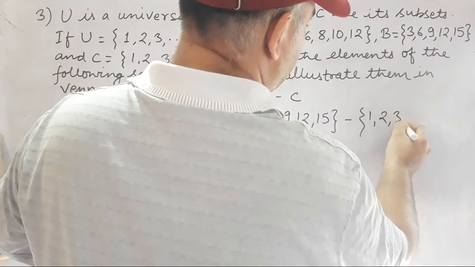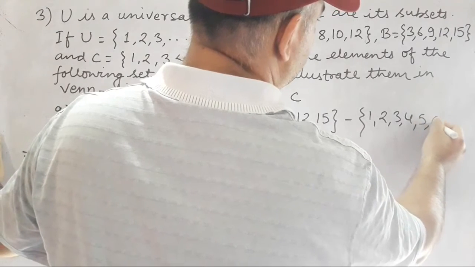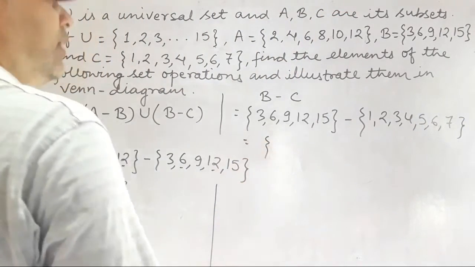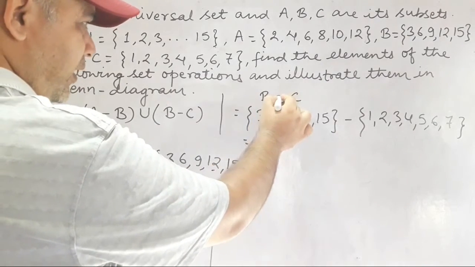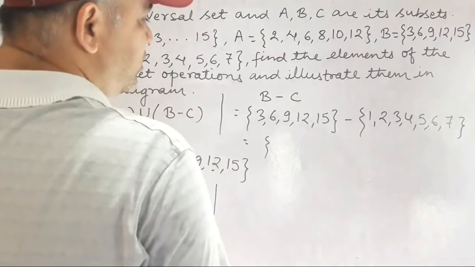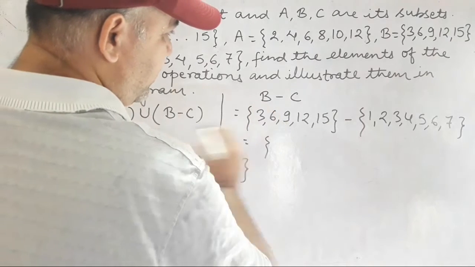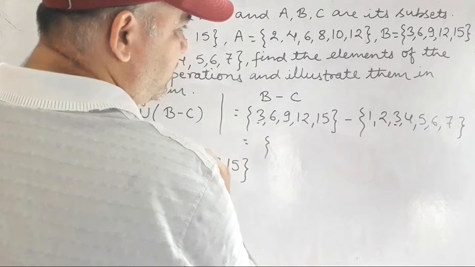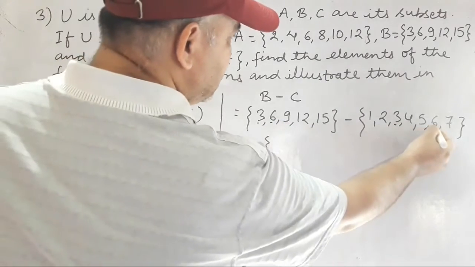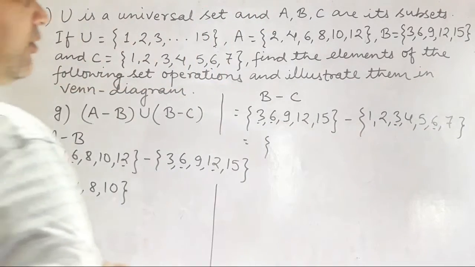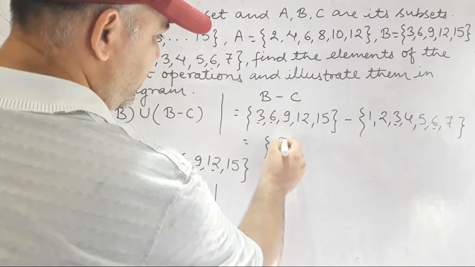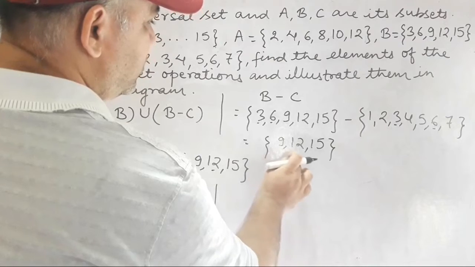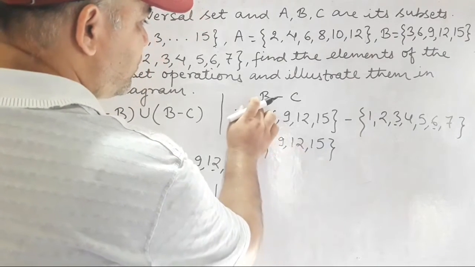Since these two sets are being subtracted, we list the elements which only belong to set B. For this we cancel the common elements 3 and 6. The rest of the elements are 9, 12, 15, which belong to set B only.